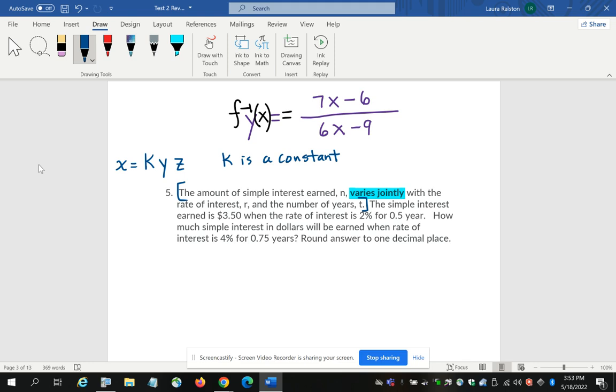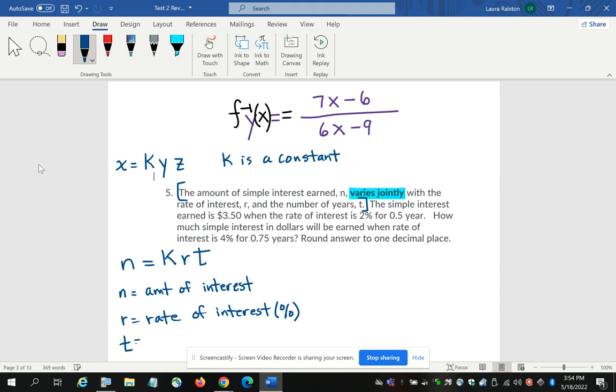It says the amount of simple interest earned, which is N, varies jointly with the rate of interest and the number of years. So N is the amount of interest, R is the rate of interest, and that was usually easy to identify because it's going to be stated as a percent, and T is the time, and usually for interest that is stated in terms of years.